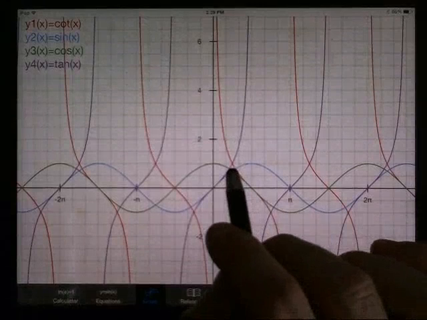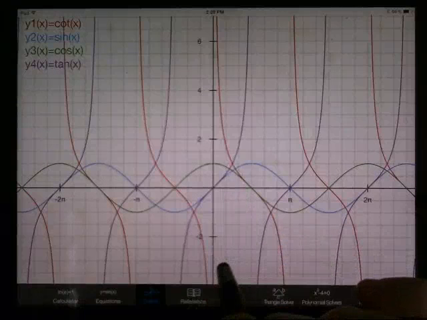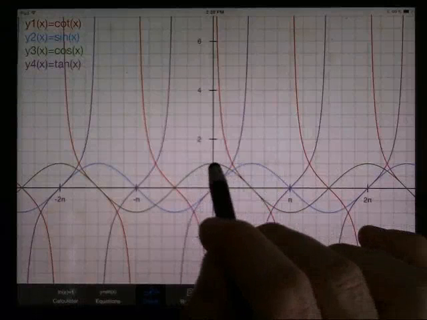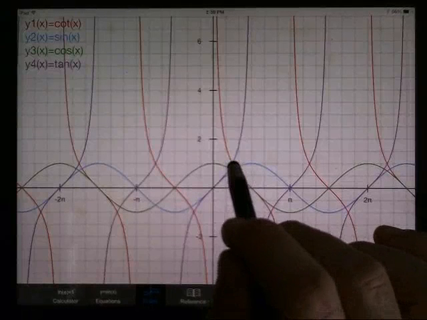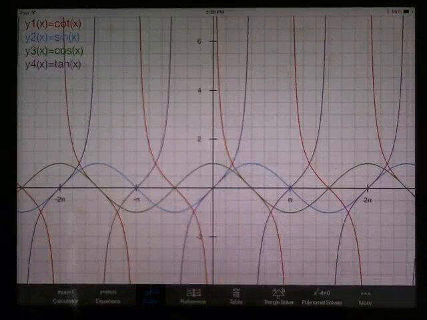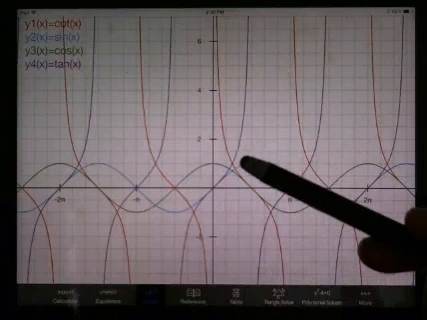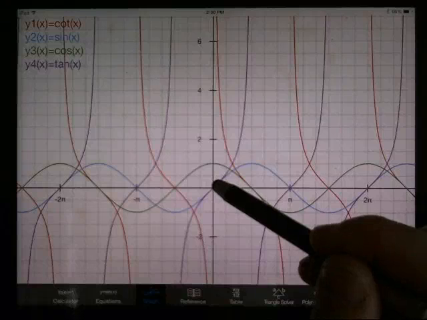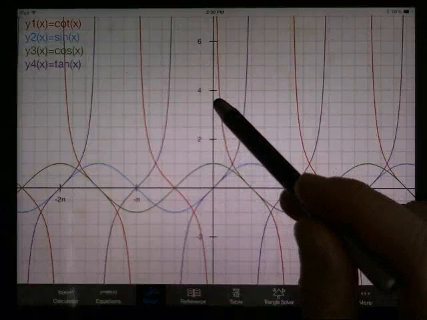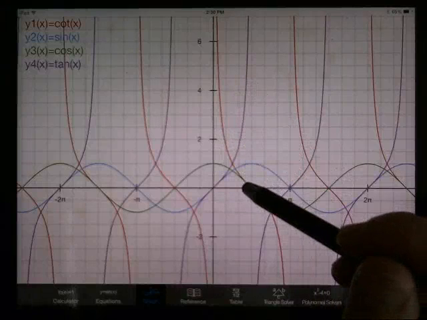Right here is that spot at pi over 4 where they cross. Both of them are at the same elevation. That's the pi over 4 gives you a 1, both for the tangent and the cotangent. But I can see the reciprocal nature of tangent and cotangent here. That when tangent is small, the reciprocal is big. When tangent is big, the reciprocal is small.